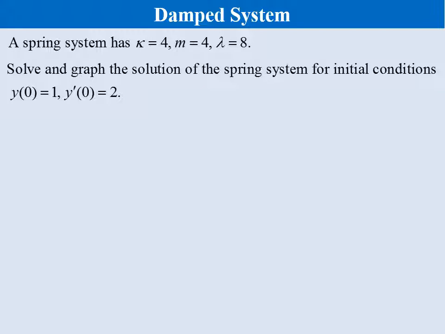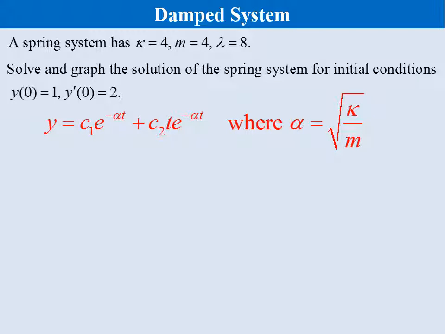And like in the previous example, since we've already done all of the work for solving a differential equation with kappa, m, and lambda given, we'll just use what we came up with. We're going to use alpha equals the square root of kappa over m, do the calculation for alpha, substitute it in, and there's our general equation.